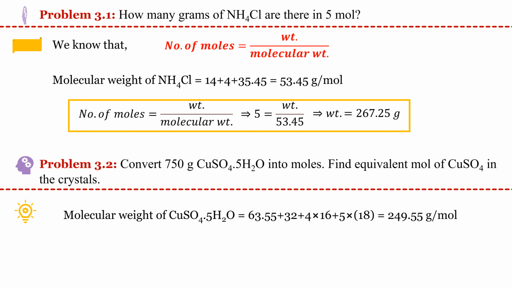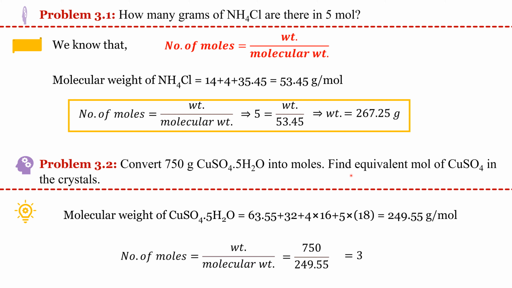Now we can write the number of moles equal to weight divided by molecular weight. The weight is given as 750 gram and the molecular weight is also given, so the number of moles will become equal to 3.